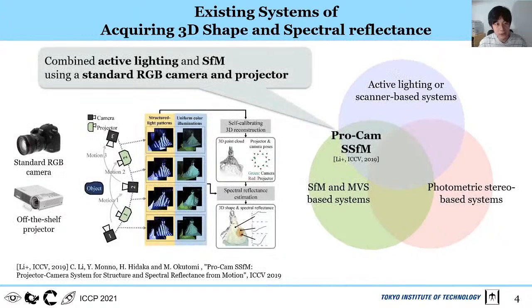A recently proposed state-of-the-art system called ProCam SSFM has realized geometric calibration-free acquisition of spectral 3D data by using an off-the-shelf RGB camera and LED projector. This system combines multi-view structured light and SFM techniques to estimate the 3D point cloud and the spectral reflectance for each 3D point.